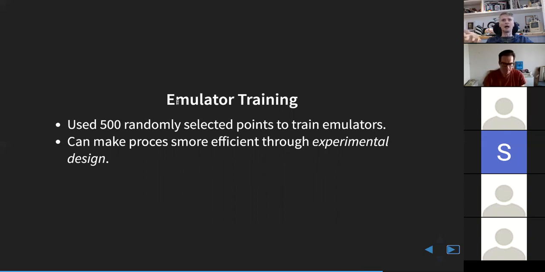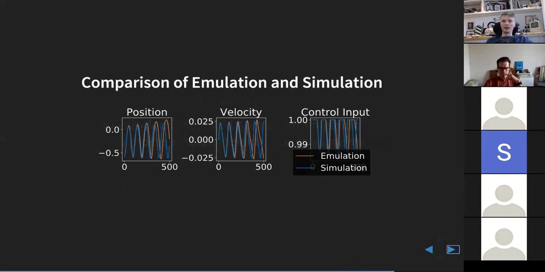We're just going to do an initial design, which is a random initial design, to fit an emulator to the car dynamics specifically. Okay, so I'm going to just do a random initial design, take 500 randomly selected points to train emulators. And this is what I get. So this is the emulator I have of the position and the velocity.